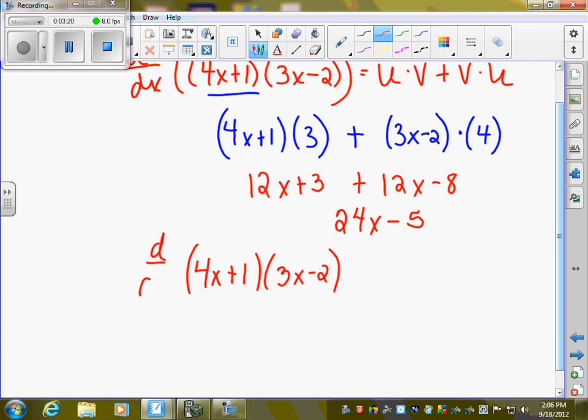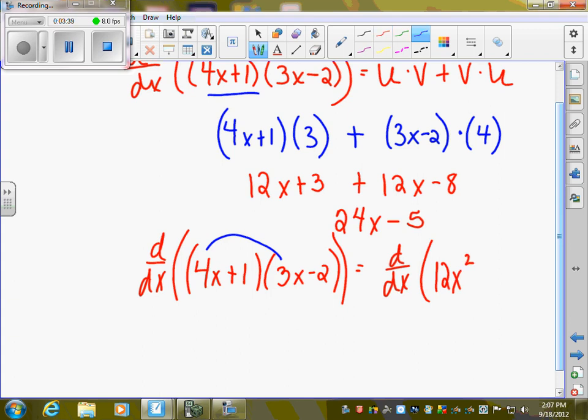And what I'm going to do first is I want to do the multiplication first. Let's FOIL that out. 4x plus 1 times 3x minus 2. So if I do first, I get 12x squared. Let's put outer and inner together. Outer is going to give me minus 8x.